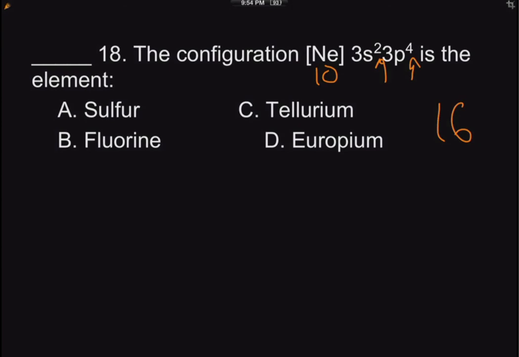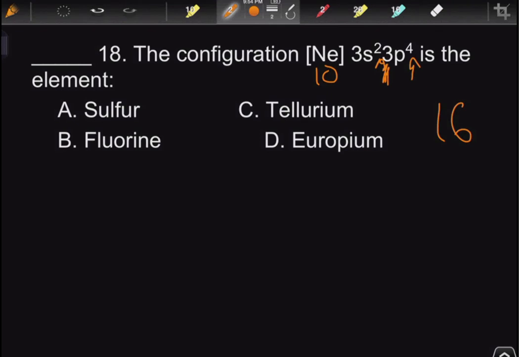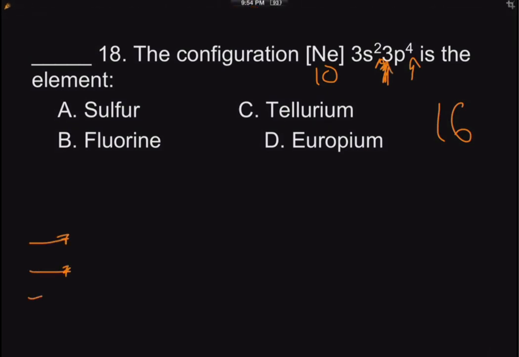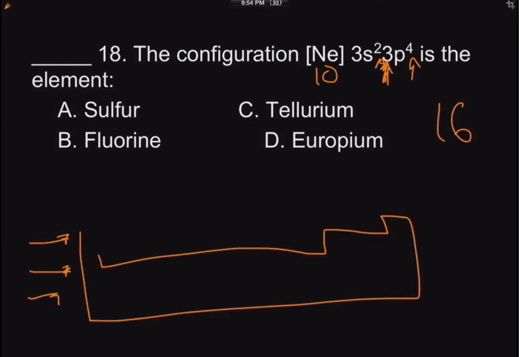Or you could look at the fact that it's 3p4. So the 3 tells you it's in the third row of the periodic table if you're looking down at the periodic table. The p tells you that it's in the p block over here, and the 4 tells you that it's the fourth column over in the p block, which would put it right here, and that element is sulfur if you find it on the periodic table.